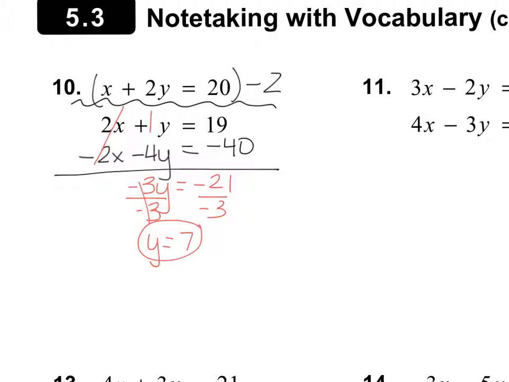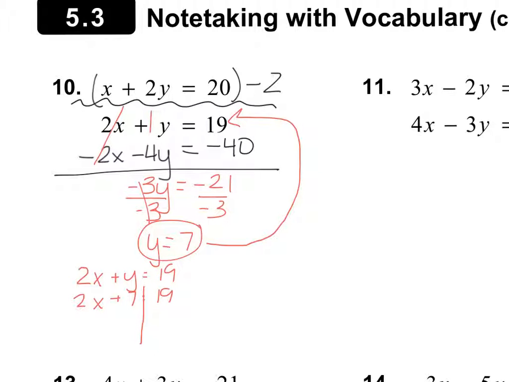Now we have to take that 7 and pick one of the two original equations, and we're going to plug it back in. I'm going to pick the second one, simply because I'm not going to have to multiply that 7 by anything. So I'm plugging it back into 2x plus y equals 19. So that's going to be 2x plus 7 equals 19.